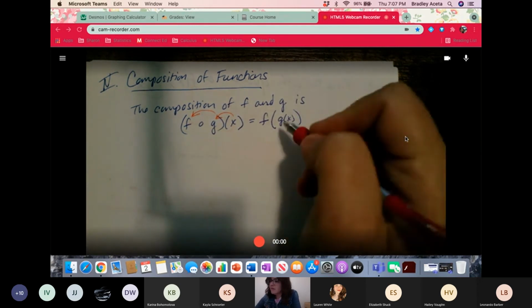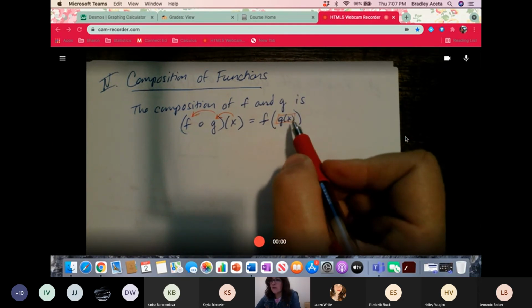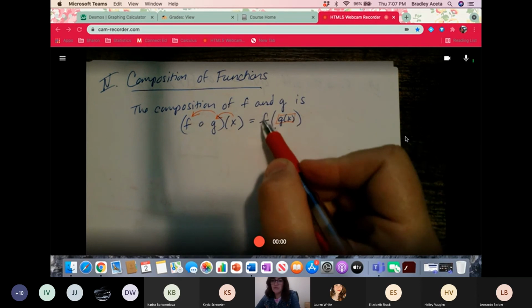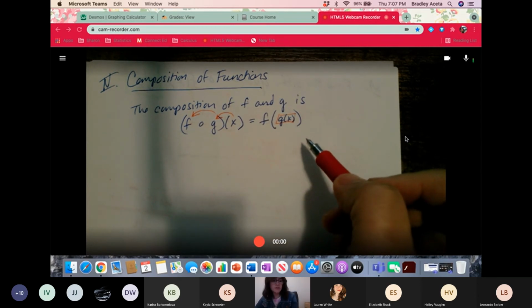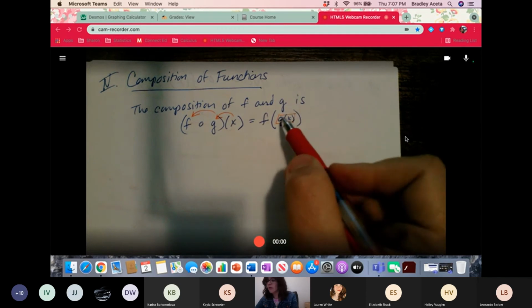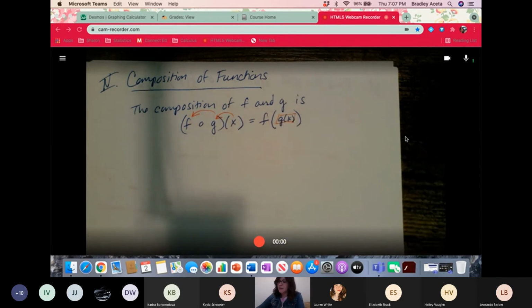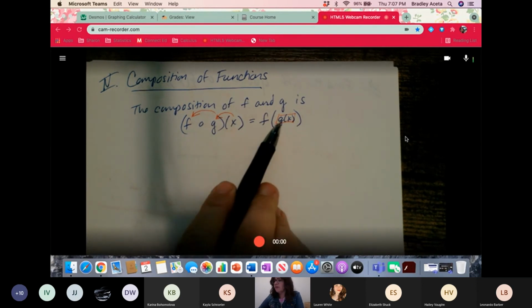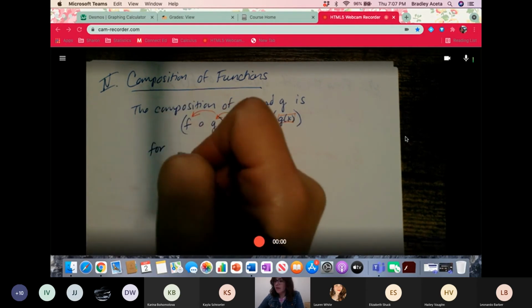The entire function itself acts as a number that you're plugging in for x into the f function. Similarly to what we just did before with the x plus h, we're going to plug an entire function in for x. Okay? So the composition of f and g is f o g of x, or f of the g of x. And then this is just a little bit about the domain.